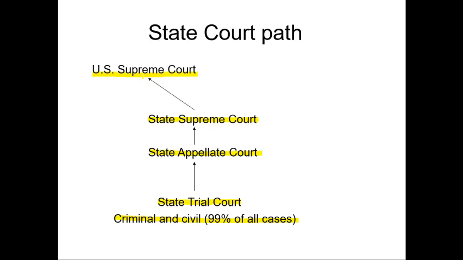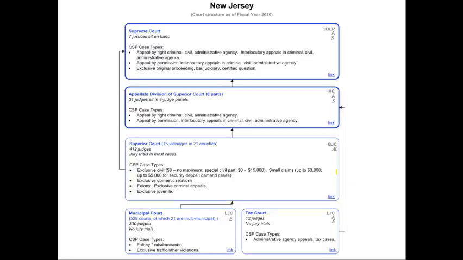Not always, but generally. But that's your path from the state court system, and you can make that leap from the state Supreme Court to the U.S. Supreme Court if all the forces align. Now let's look at some examples.